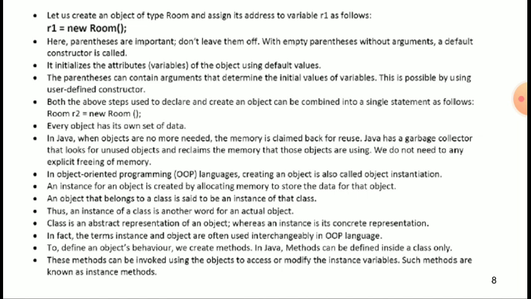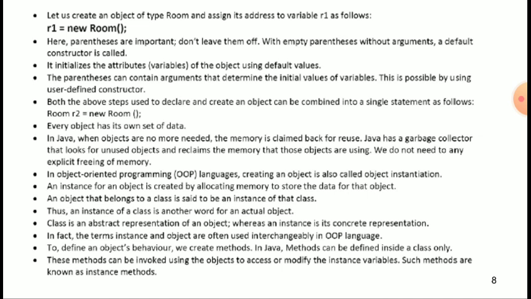In an OOP language, creating an object is also called creating an instance. An instance of an object is created by allocating memory to store the data for that object. An object that belongs to a class is said to be an instance of that class. Thus, an instance of a class is another word for an actual object.